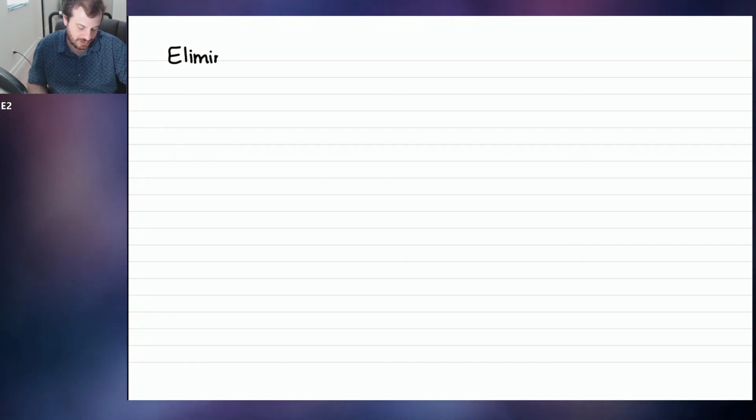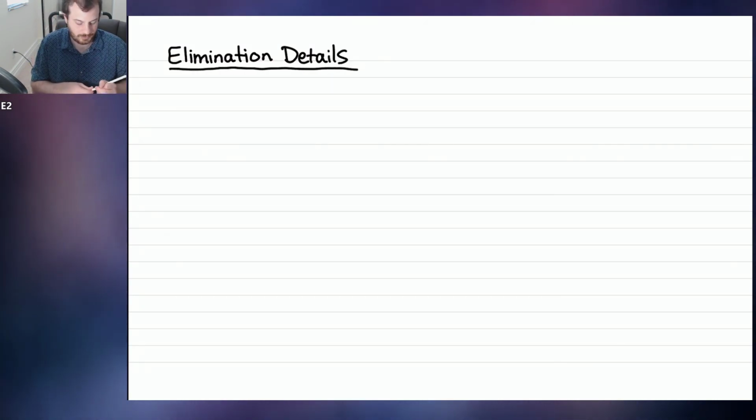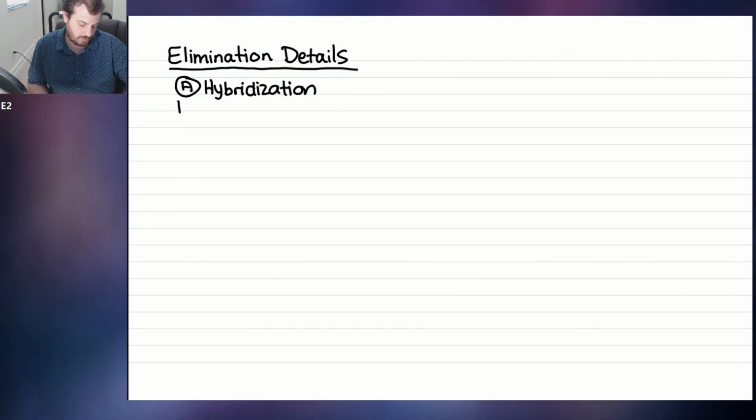Okay, there's just a few more details I want to share with you, because our discussion of the E2 reaction would not be complete without these details. These details are as follows: hybridization, alkene stability, and finally, this is also, by the way, sometimes called Zaitsev's rule.